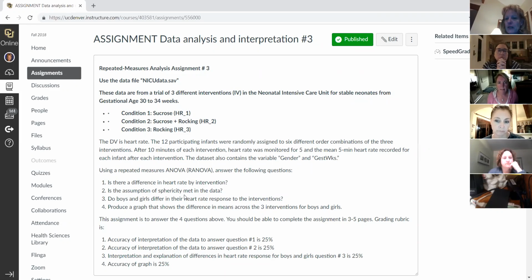But no, it's answering those questions, but it's using the data in the SPSS output to answer those questions. But why does it say that you should be able to complete the assignment in 3 to 5 pages? To me, answering these 4 questions shouldn't take that many pages.